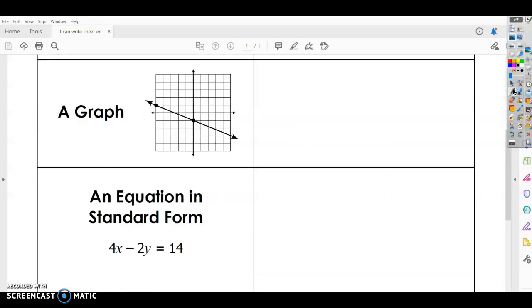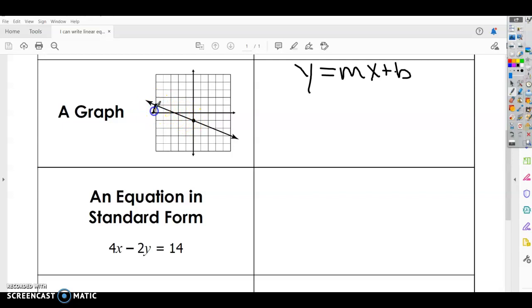Alright, the next problem we're going to look at is writing an equation in slope-intercept form given a graph. So we're still doing y equals mx plus b, but now we have to look at the graph and figure out what is our slope and what is our y-intercept. Alright, so here they've given us 2 points. Here's a point and here's a point, so we have to do rise over run.